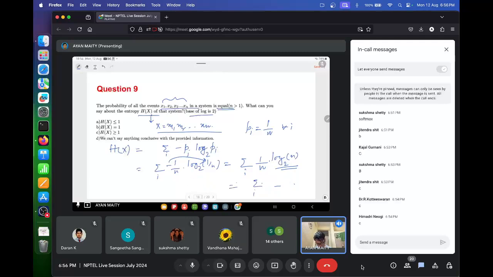The summation over i from 1 to n of 1 by n, log of n divided by n, is greater than or equal to 1. So the entropy H of x would also be greater than or equal to 1. So if each event has equal probability, then the entropy of the whole system is greater than or equal to 1.